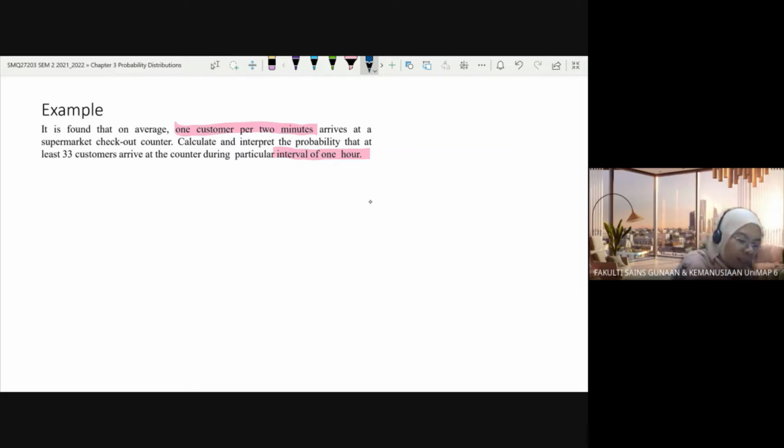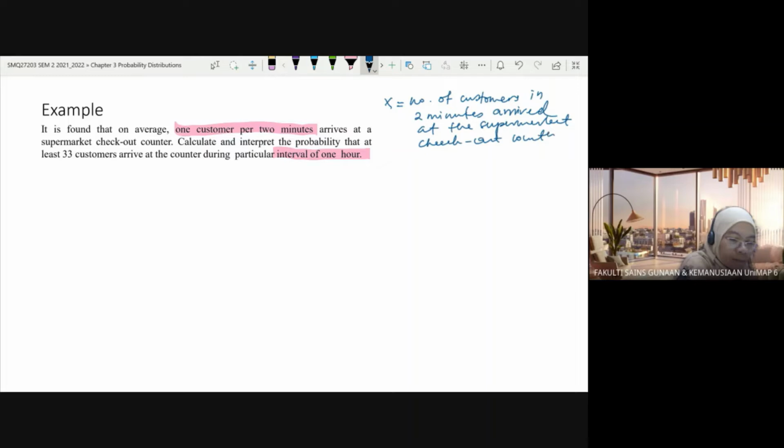So what is your defined x? X will be the number of successes, that is the number of customers arriving at the supermarket checkout counter in 2 minutes.